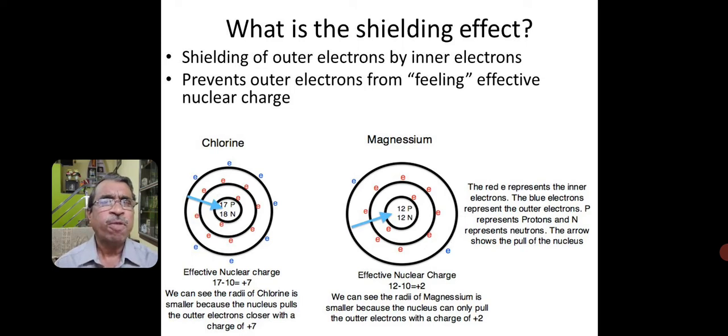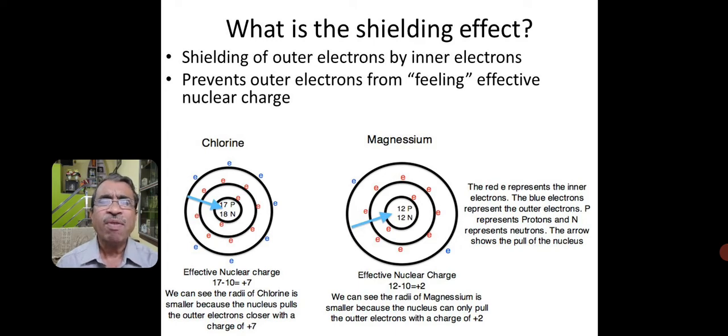Whereas in case of magnesium, there also it contains the inner electrons, but outer only 2 electrons are there. Therefore, in case of chlorine, 17 minus 10 becomes plus 7. In case of magnesium, 12 minus 10 becomes plus 2.